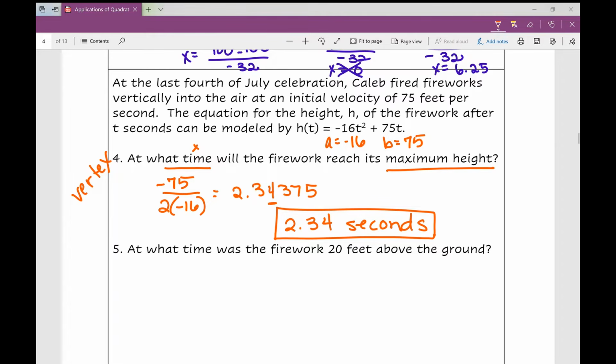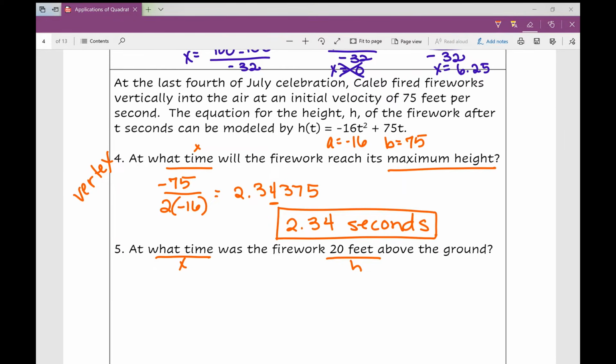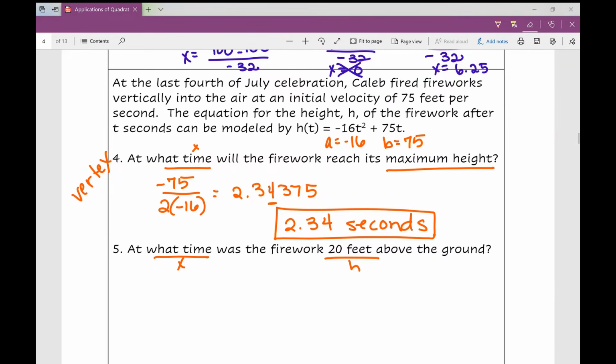So number 5, at what time was the firework 20 feet above the ground? Okay, at what time, that's x, 20 feet, well, that's going to be y, or I guess I shouldn't say x, I should call it t. This is height. Maybe I should do that instead of x. Call it t.